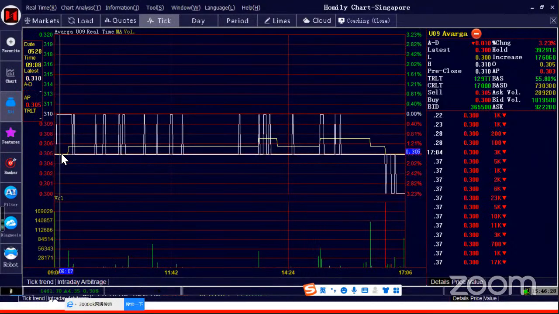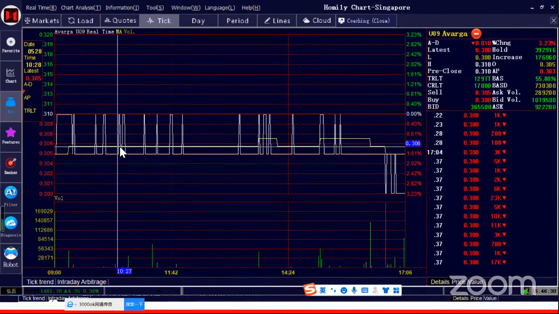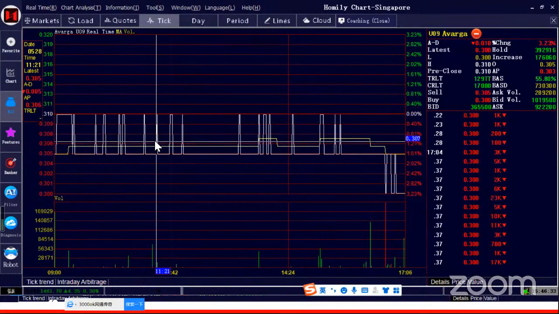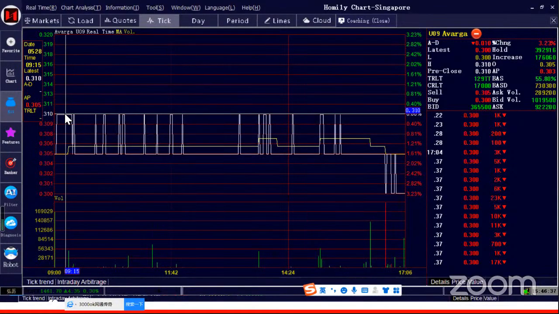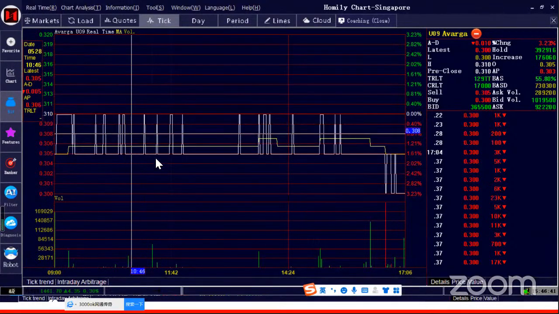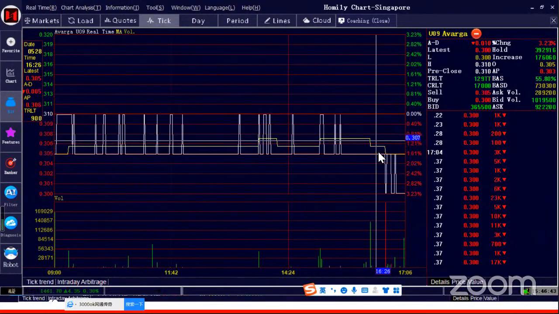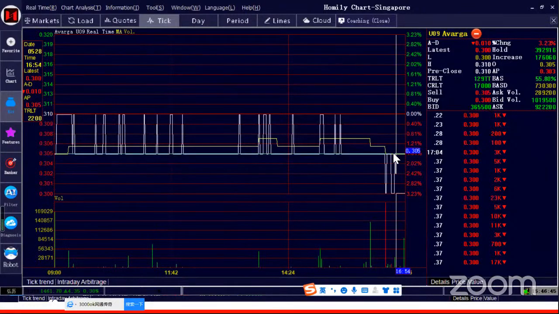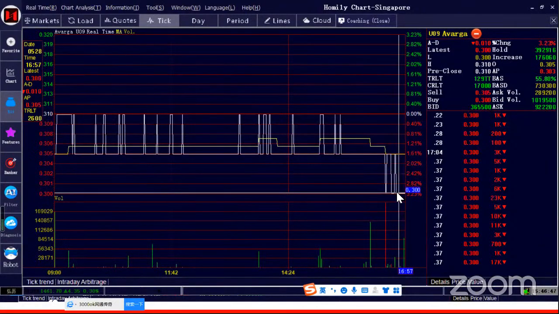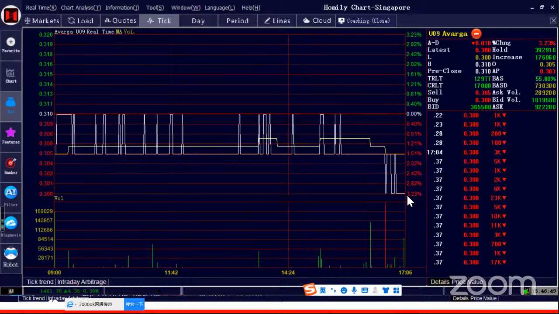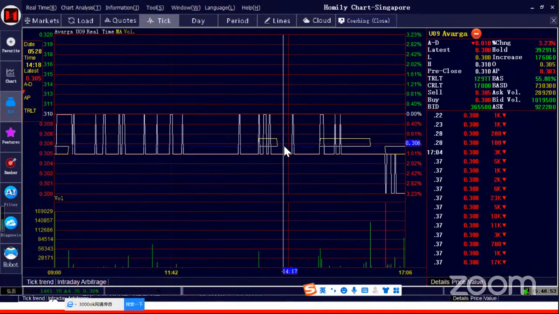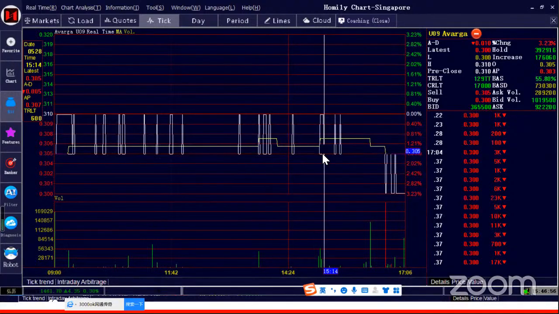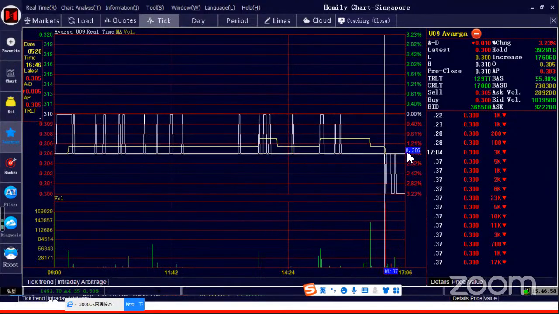The whole day it was below the average line and below yesterday's close price, and the share moved around the yellow line the whole day. Before close, it even dropped further, right? So you can see the whole day is low and flat.